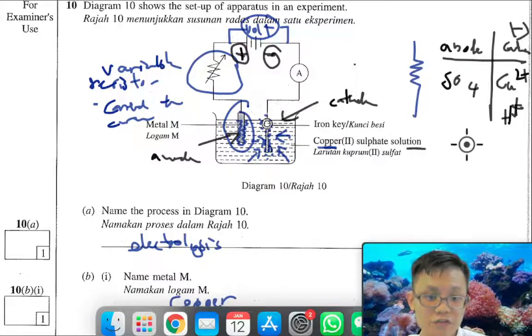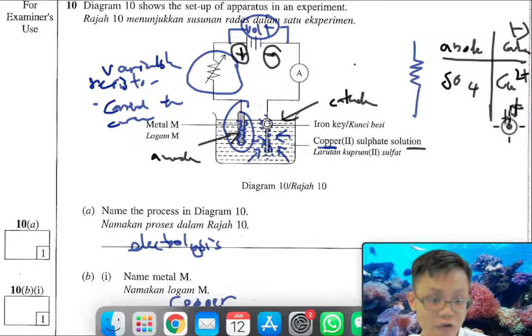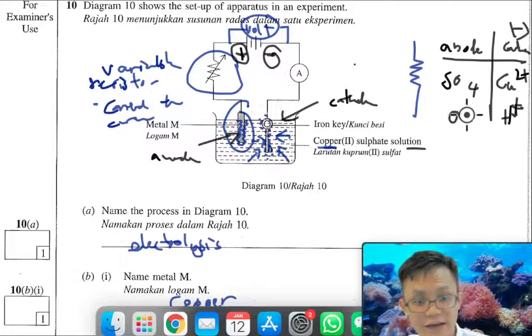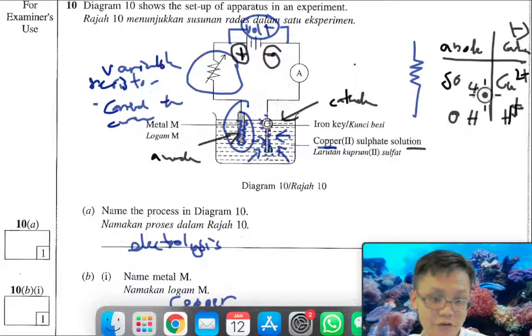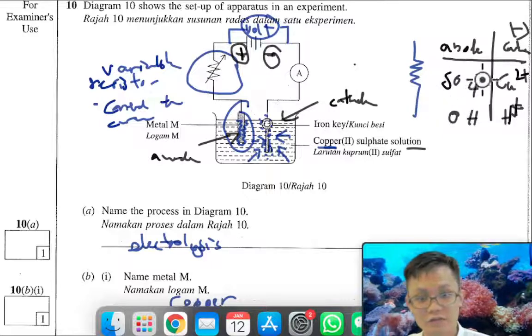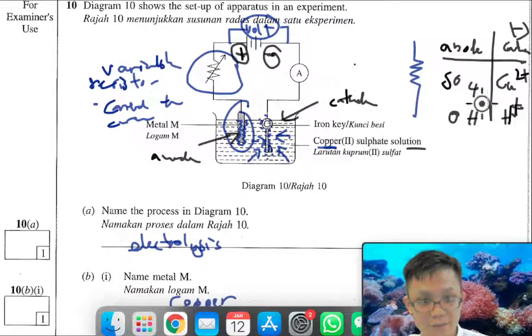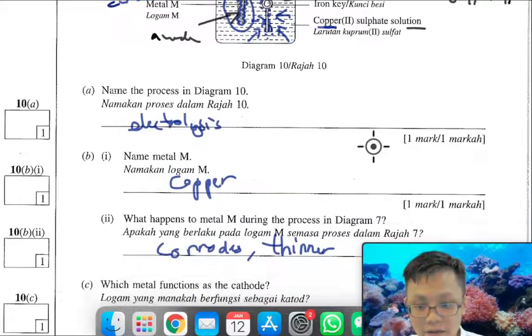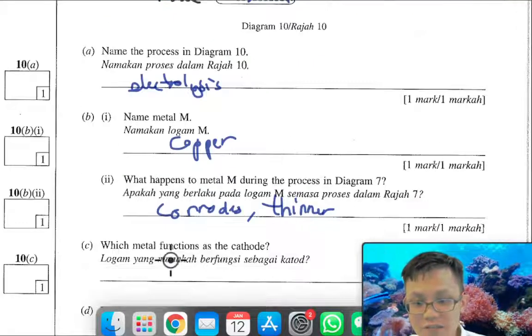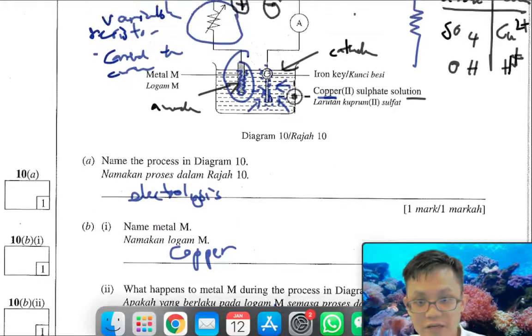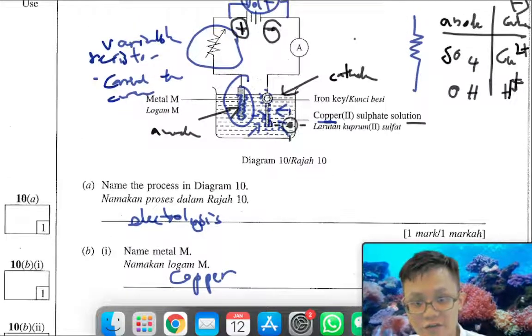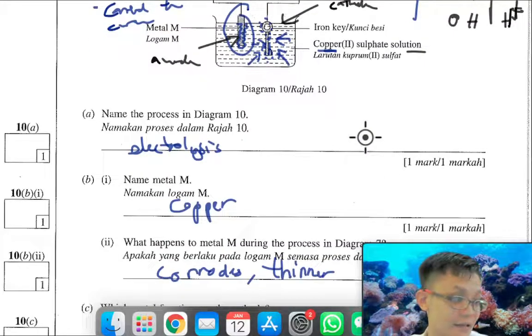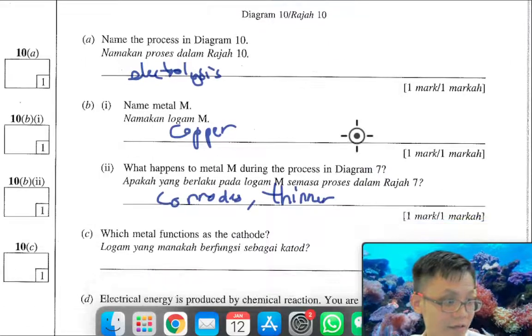Or for the solution, we have H2O so we have the hydroxide ion on the anode to be discharged. Okay, which metal functions as the cathode? Because the battery here is negative, it will be the iron key. Put here iron key.